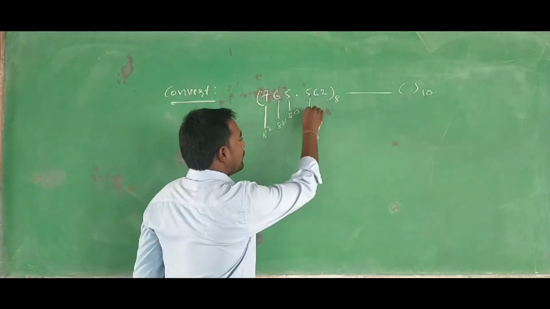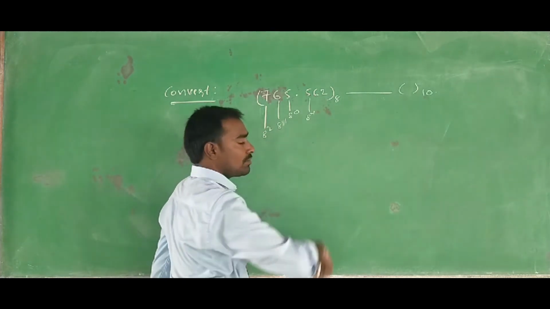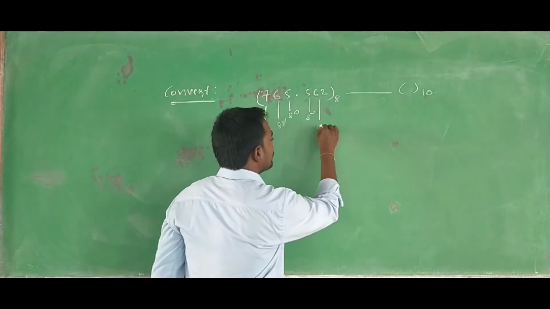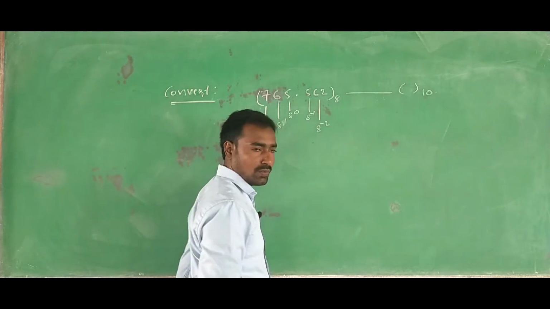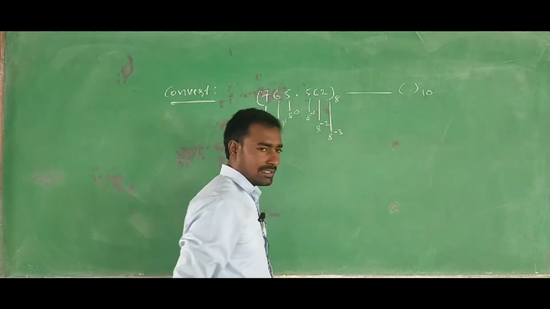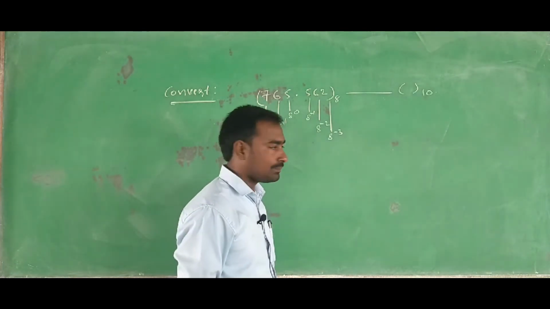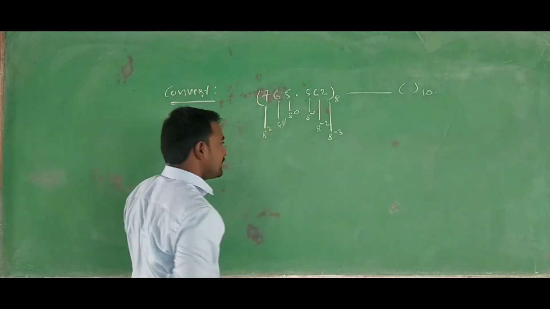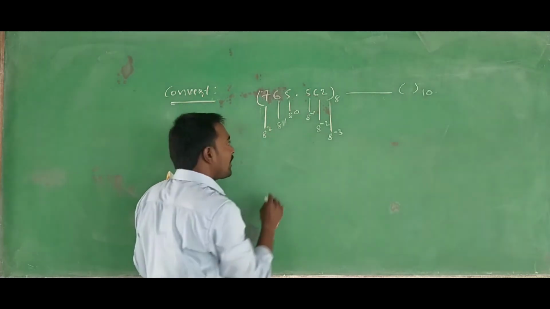This 5 indicates the position of 8 to the power of -1, this 6 indicates the position of 8 to the power of -2, and this 2 indicates the position of 8 to the power of -3.